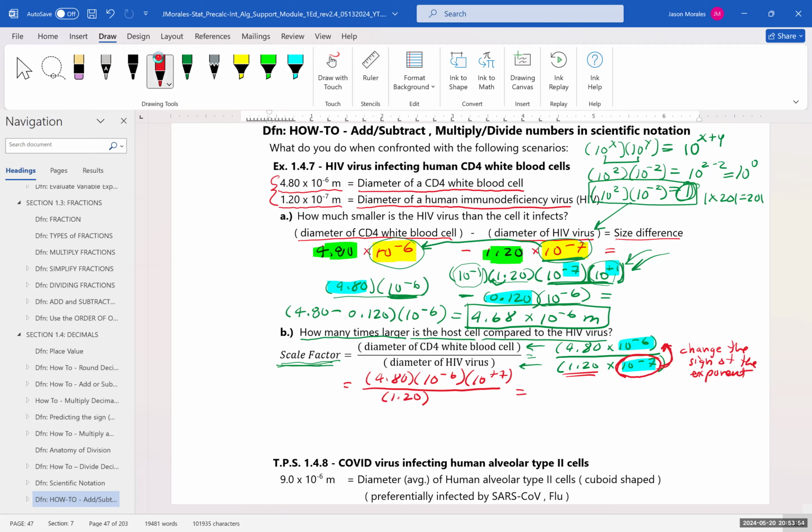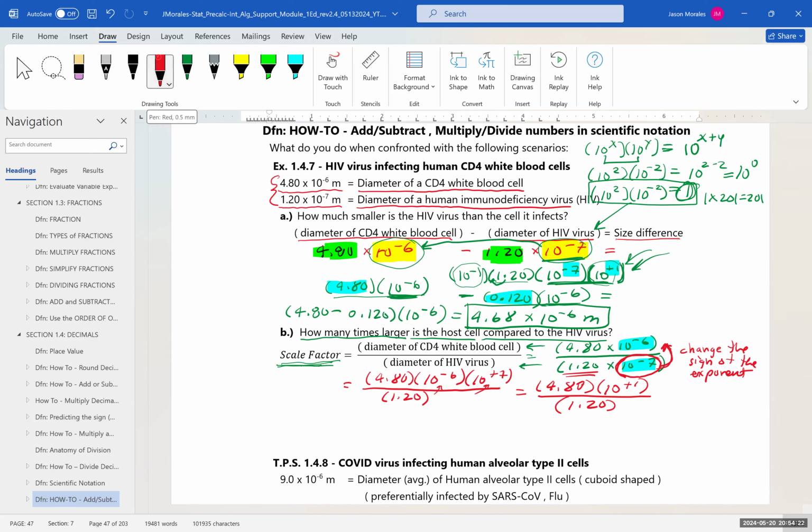Okay, so just doing one thing at a time. So we have 4.80. Now what happens if we multiply 10 to the negative 6 times 10 to the positive 7? The bases are the same, so we add the exponents. And so negative 6 plus 7 is 10 to the positive 1. This is all over 1.20.